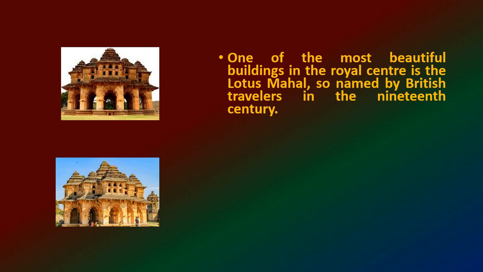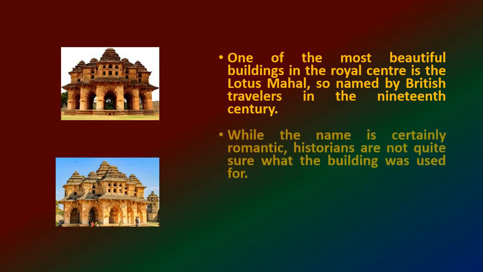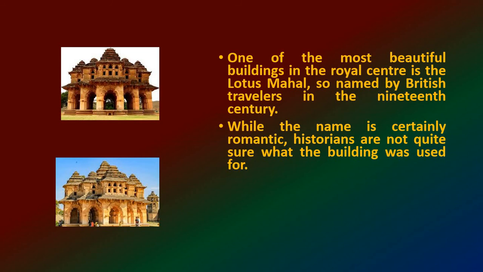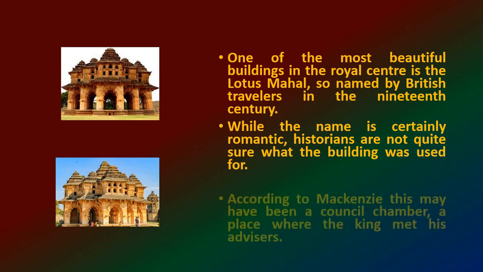One of the most beautiful buildings in the royal centre is the Lotus Mahal, so named by British travellers in the 19th century. While the name is certainly romantic, historians are not quite sure what the building was used for.